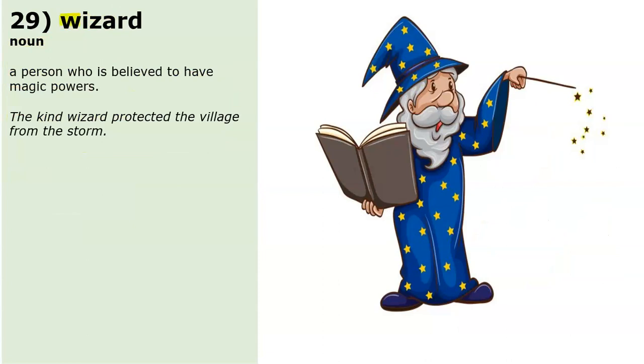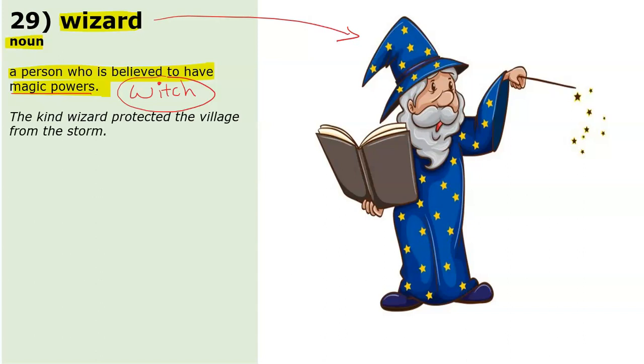Our next word is wizard. Wizard is a noun and a wizard is a person who is believed to have magic powers. So wizard is similar to a witch. But when we think about witch, we usually think about a girl. Wizard is a word that you can use for a boy that has magic powers.